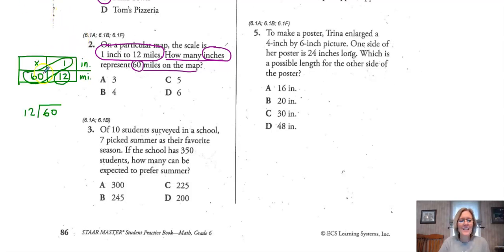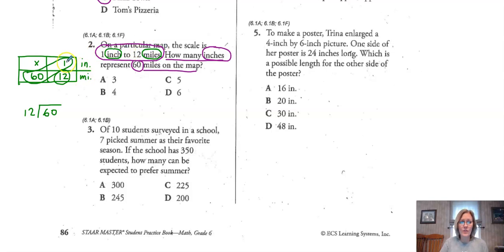Let's look and see how I set it up. You didn't have to set it up the same way, but this is the way that we have been solving the other problems. So I set up my little thinking box here. I even made it a little differently just to make it fun. I put the little stem out this side and I put inches and miles because we were talking about inches to miles.